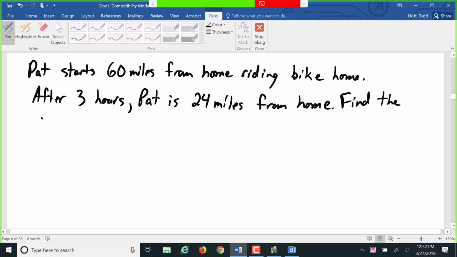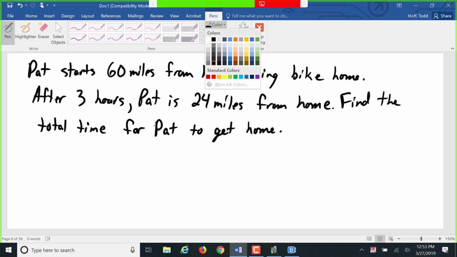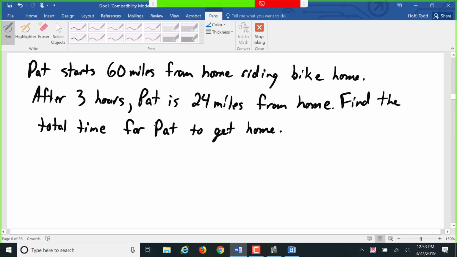Find the total time for Pat to get home. So what we have here is 2 coordinates.